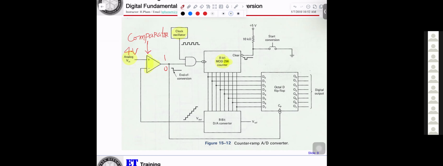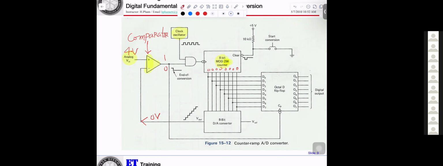So at the beginning, you get input binary here on 0, and they go into the 8-bit DA converter. Then we can get output coming here, 0 volt.